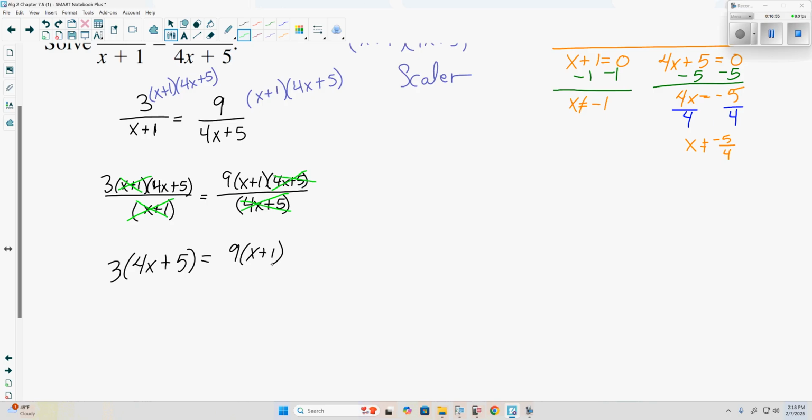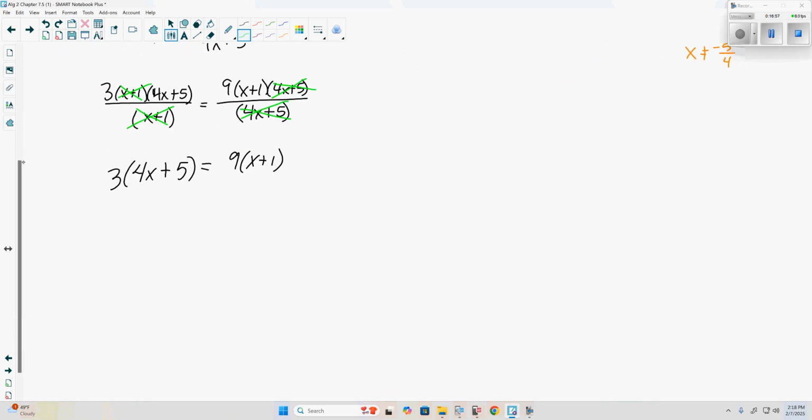We'll have to do some more here in a minute, but questions on how we got to this point? The whole point of using the least common denominator was to get rid of the fractions. Now we have this polynomial equation we can solve.